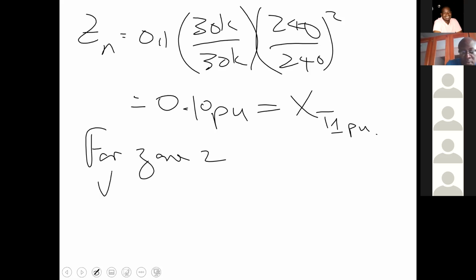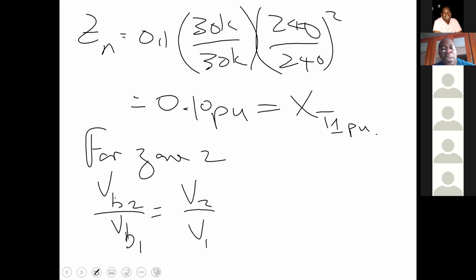we know for zone 2, VB2 over VB1 is equal to V2 over V1, where V2 and V1 would be the turns ratio of the transformer. Everybody with me? So V2, what's V2 for the transformer? 480.